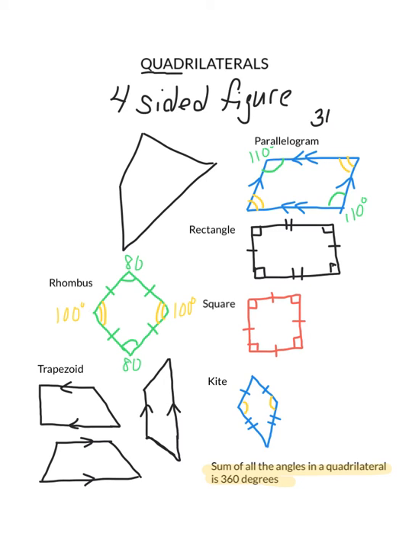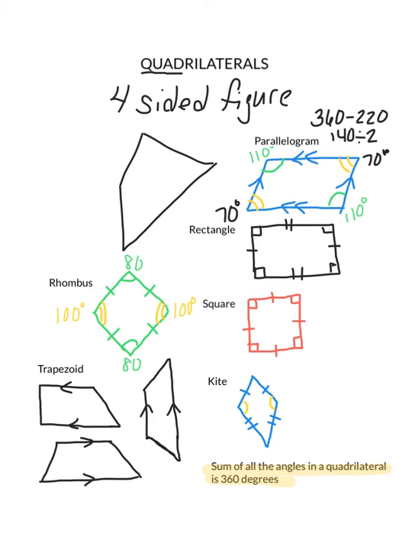I would do 360 minus 220, and that would give me the answer of 140. I would divide that by the two angles, and I would therefore get this guy is 70 degrees. Little degrees look a little messy there. And this guy is 70 degrees. So again, the sum of all the angles in a quadrilateral would be 360 degrees.